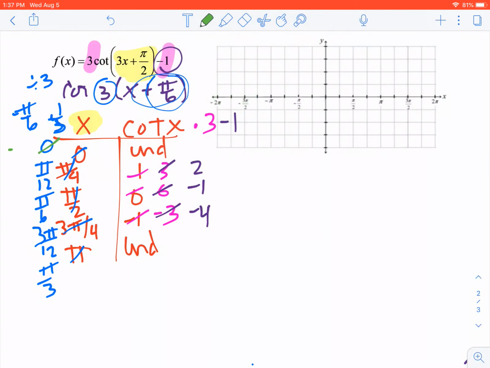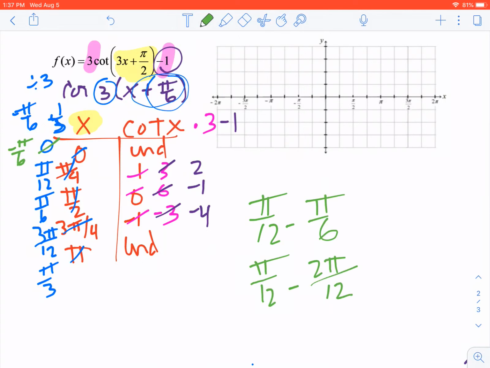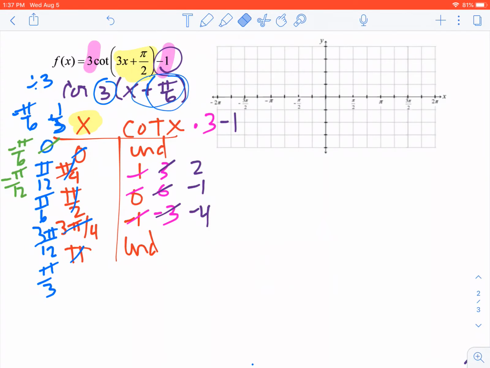All right, so this becomes negative pi over 6. Pi over 12 minus pi over 6 is pi over 12 minus 2 pi over 12, which gives me a negative pi over 12. Pi over 6 minus pi over 6 is 0. That wasn't so bad. All right, 3 pi over 12.